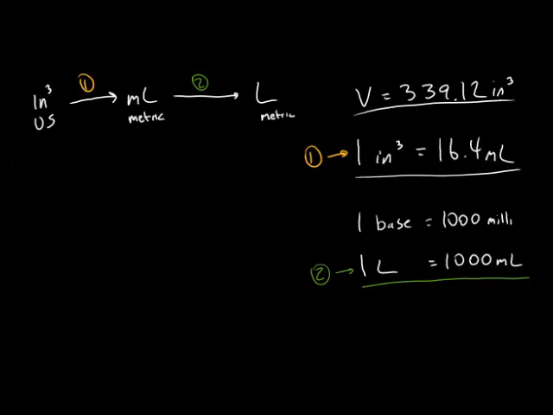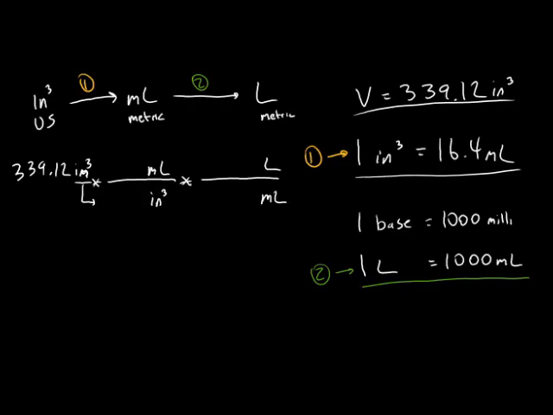Let's write down our volume, 339.12 cubic inches. We'll multiply by 2 fractions. For our first fraction, we'll send cubic inches to the bottom. At the end of step 1, we want to have milliliters. Then we send those milliliters to the bottom, and at the end of the process, we want to have liters.